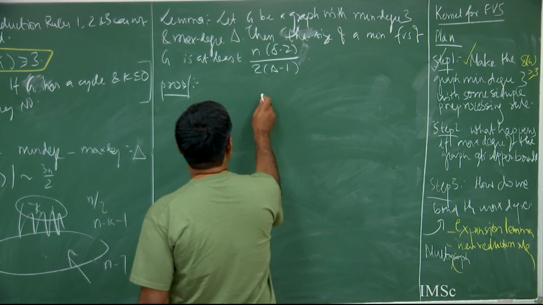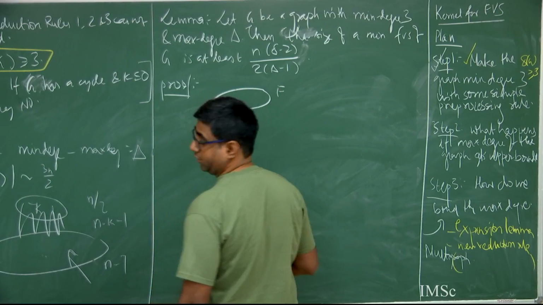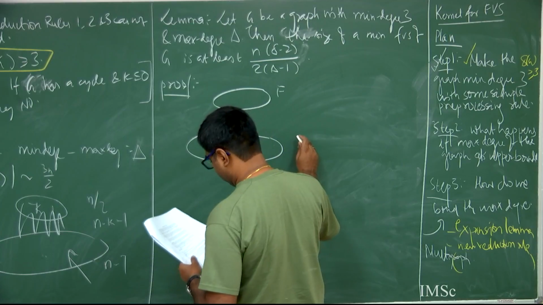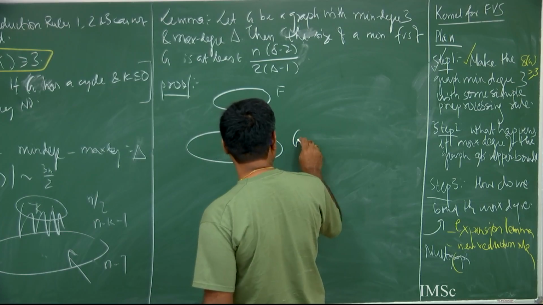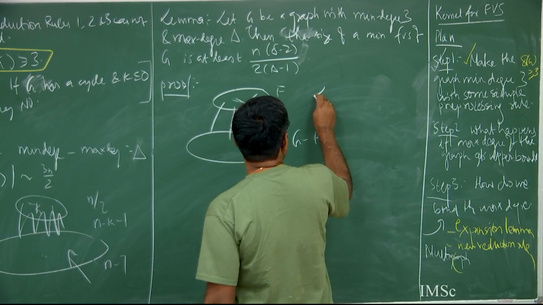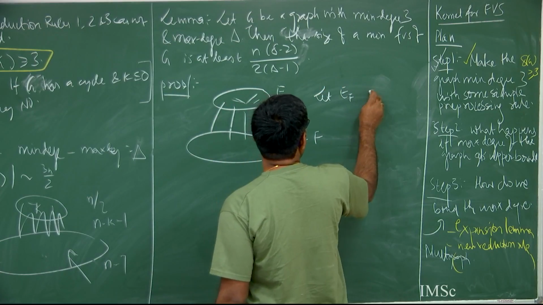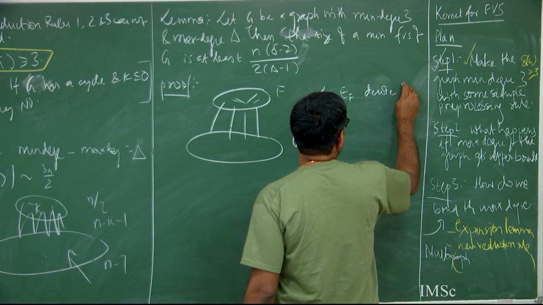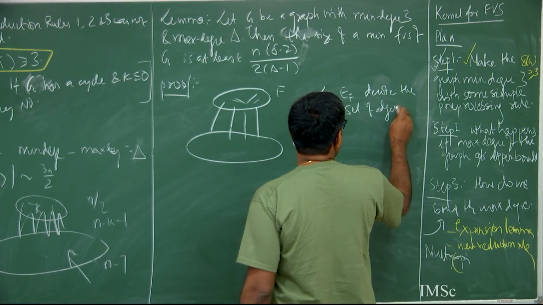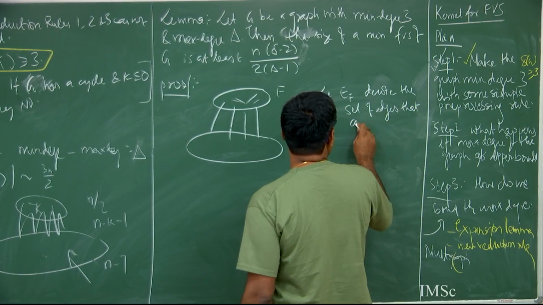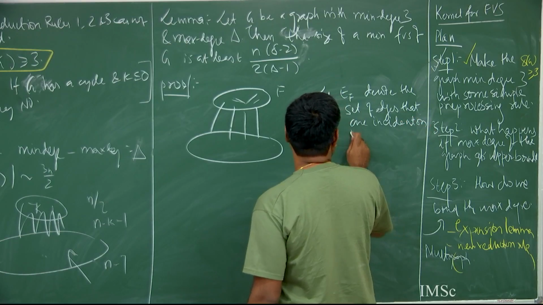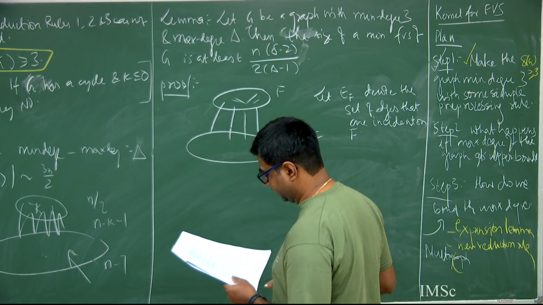Okay, so now here I have the feedback vertex set F, and here I have what I call G minus F, and let E(F) denote the set of edges that are incident on F. What can we say about this?